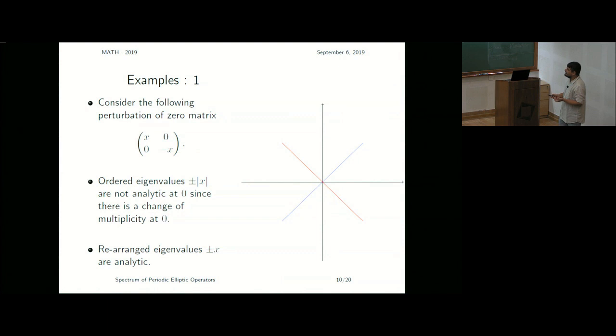We can write them as ordered eigenvalues, in which case they will be plus and minus modulus of x, or they can be written as plus and minus x also. But the problem is that when we write them as ordered eigenvalues, the description of the eigenvalues in terms of the parameter x is not analytic, it's not even differentiable. Whereas if we rearrange the eigenvalues in this manner, then it becomes analytic.